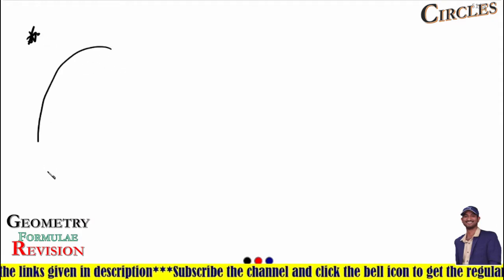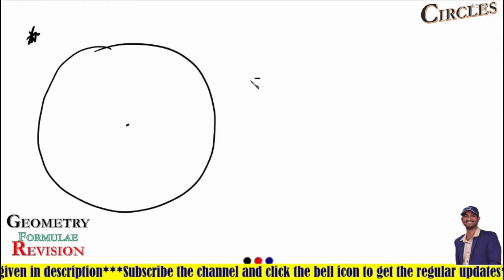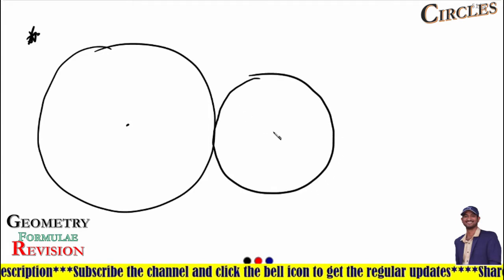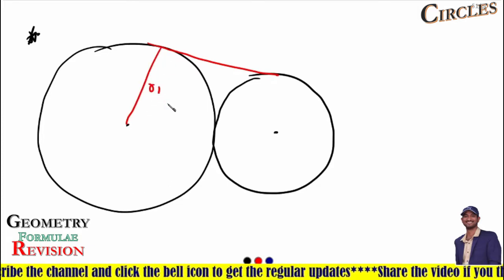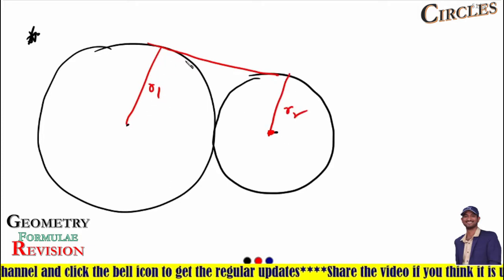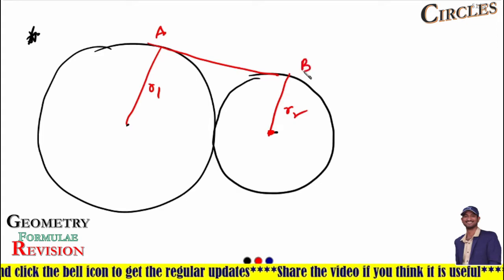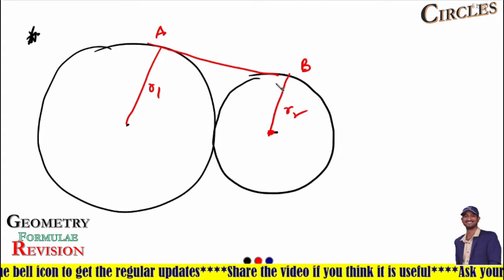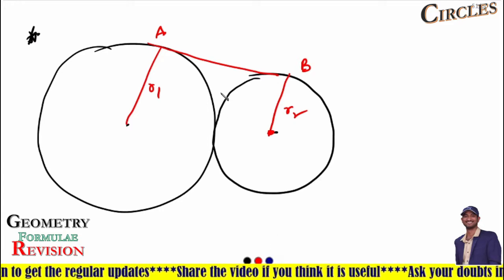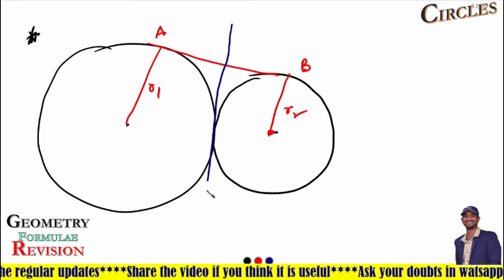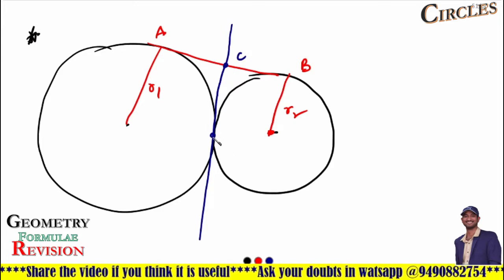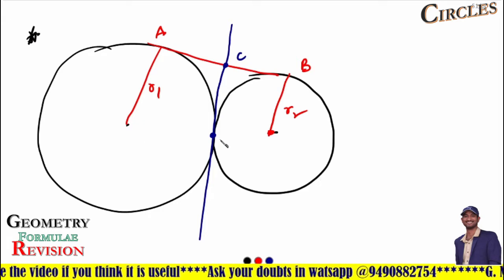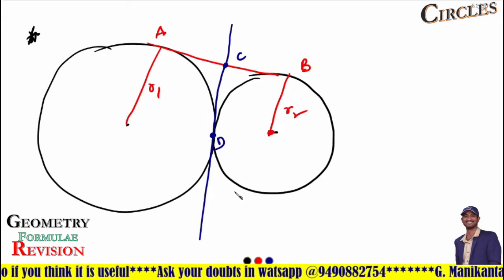Or suppose I talk about the properties of externally touching circles, if I take only 2 circles of radii R1 and R2, and AB is the direct common tangent of these externally touching circles, and there is a transverse common tangent which touches the direct common tangent at some point C, and the circles touch at point D, for suppose.